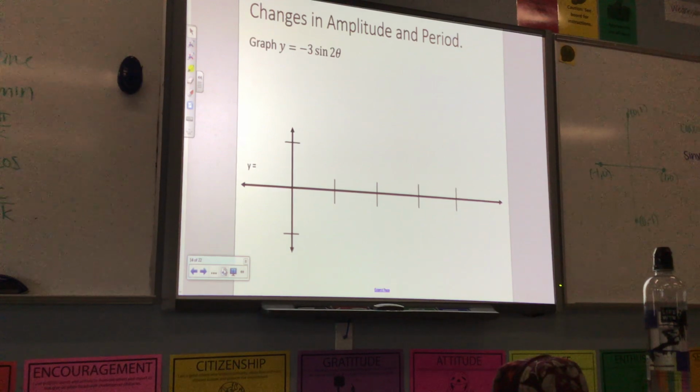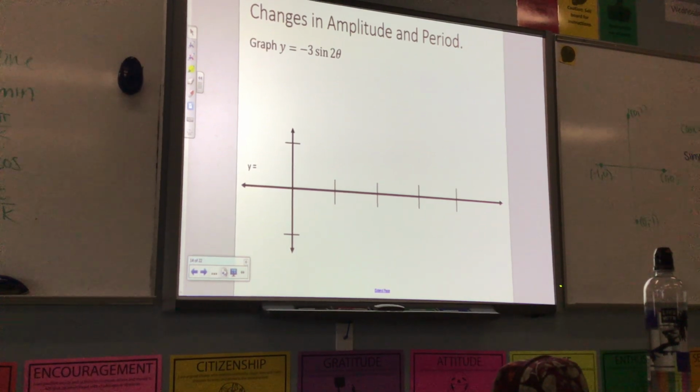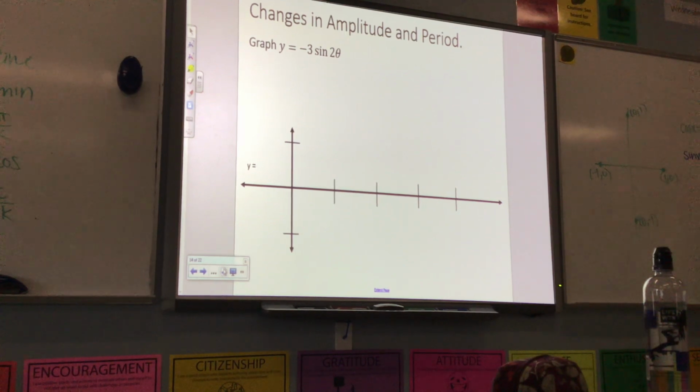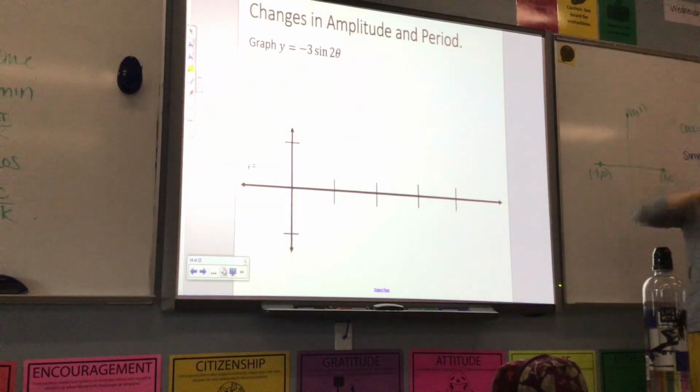That 3 is going to do what to it? Make it taller. It is a vertical stretch, yes? Okay, what's the 2 going to do? It'll change it horizontally, yes? Because inside it always does the opposite. So the 2 is going to shrink it in, and the 3 is going to make it taller.